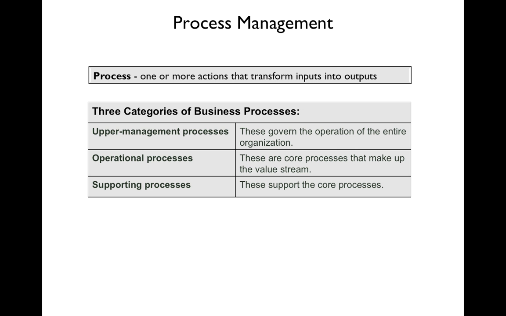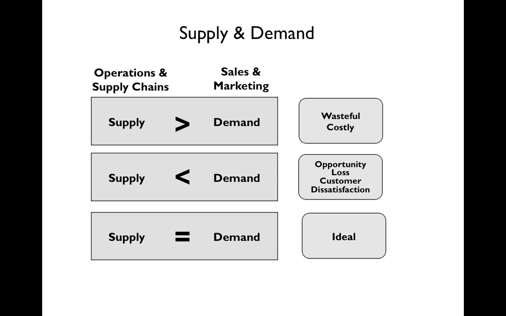So let's talk about process management. So there's 3 categories of business processes. There's the upper management process. These govern the entire operation of the organization. Operational processes, these are like the core processes, and then supporting processes. Then supply and demand.